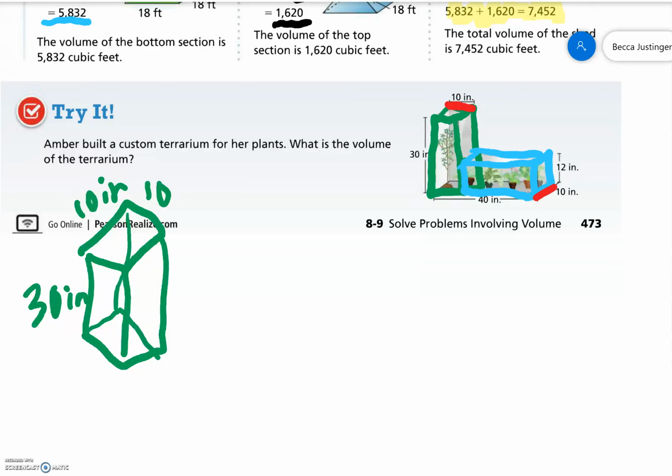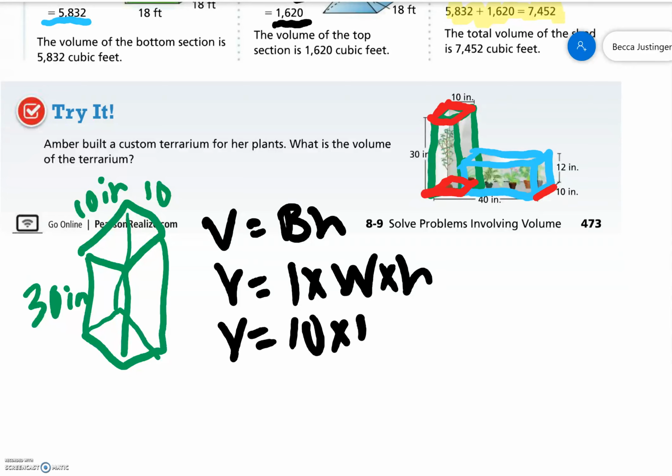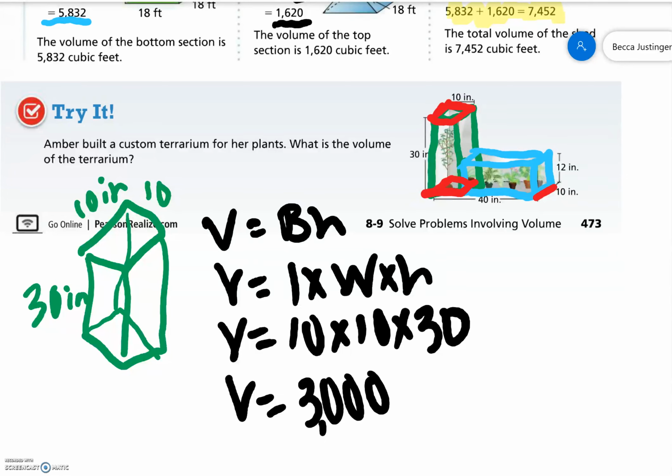And also this is 10, so that means this must be 10, which means this is 10. So that's actually a square on the top and the bottom. So volume equals big B times H. Well, the base is a square, so length times width times height. So volume equals 10 times 10 times 30. So that means volume equals 3,000 inches cubed.